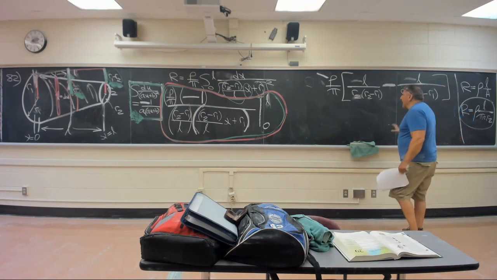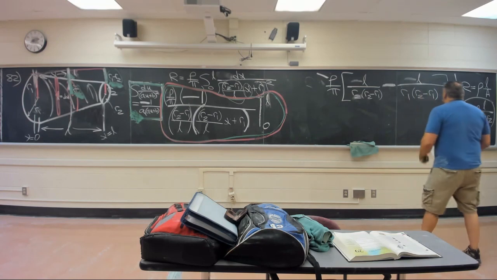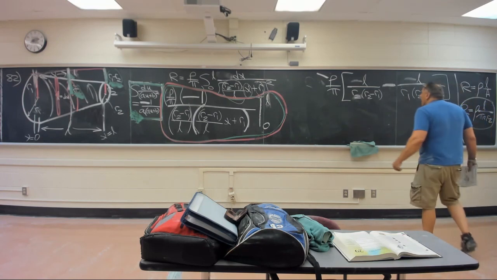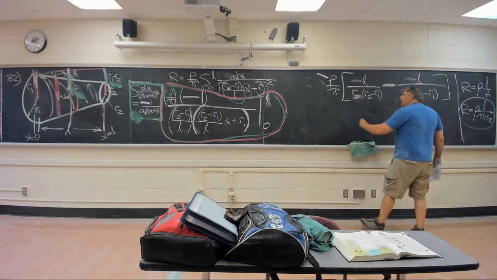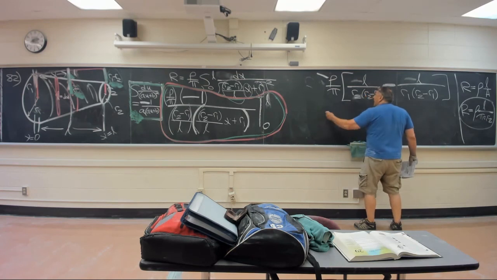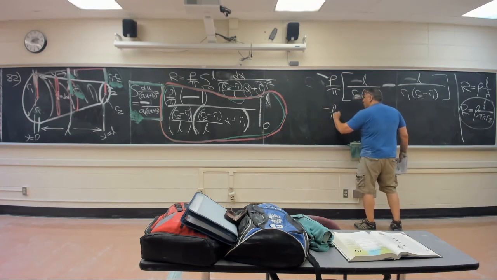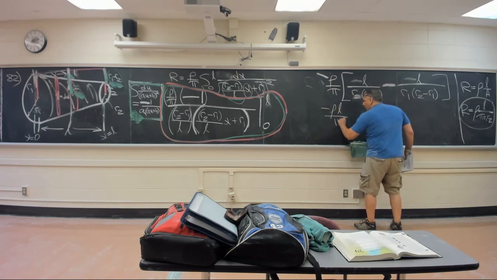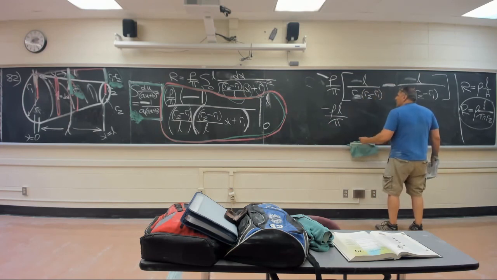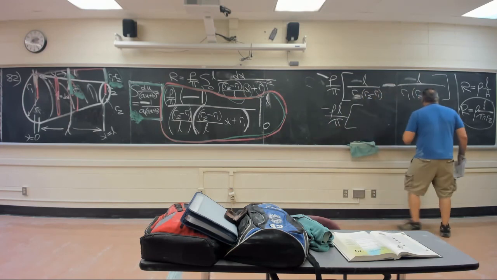This right here, okay, yeah, that'll work. What ends up happening is the L comes out, you got negative rho L over pi.